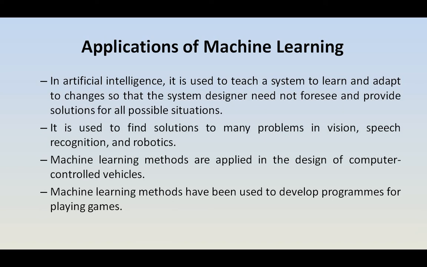We find solutions to many problems like computer vision, speech recognition, as well as robotics. It is applied to the design of controlled vehicles developed using artificial intelligence. And machine learning methods are also used to develop programs for playing games, whatever games were developed with the help of artificial intelligence. This is also one of the applications of machine learning.